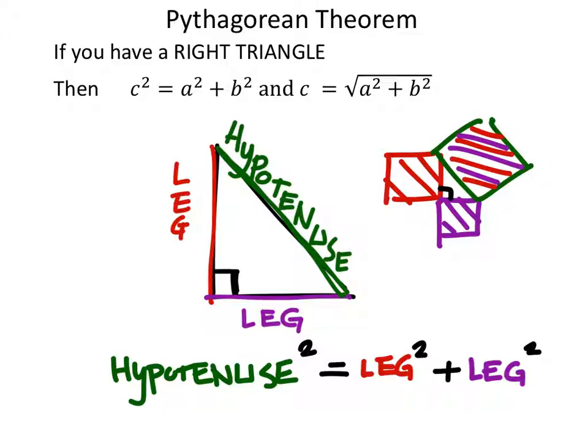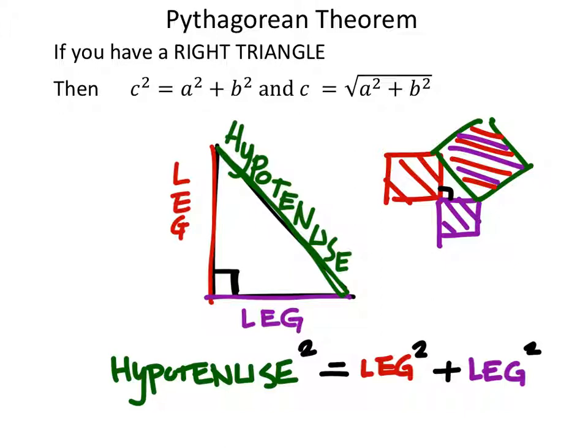So the area of the two squares added up give us the hypotenuse as a square, and when I have the area of a square, all I need to do to find the side length is to square root that, and that is what is shown up here in this part of the formula.